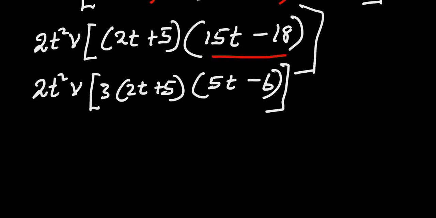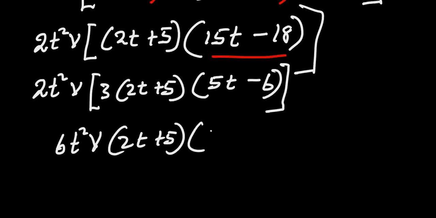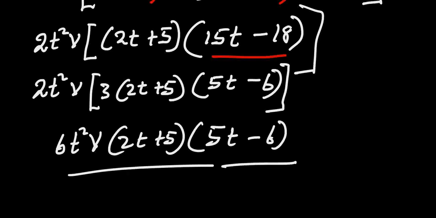And at this point, we can clear off the block bracket, and 2t squared v multiplied by 3 will give us 6t squared v, and 2t plus 5, and 5t negative 6. So this is the final answer to this question, and I hope it makes some sense.